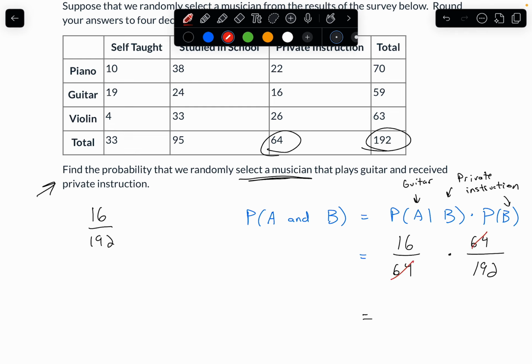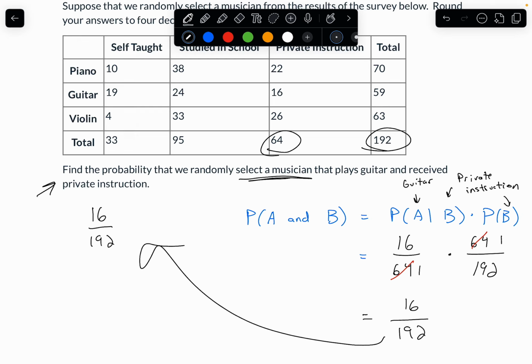Those would reduce. They're both divisible by 64. So that would leave me with 16 times 1 gives me 16, and 1 times 192 gives me 192, which is exactly the same as we had over here. So we didn't really need to use this formula, but it is good just to practice it.